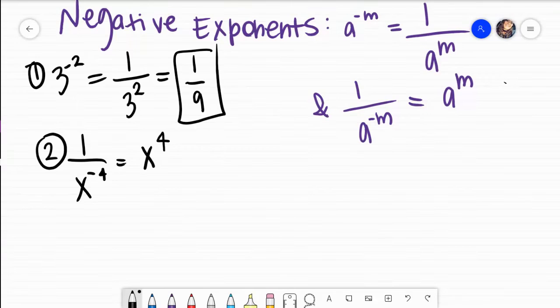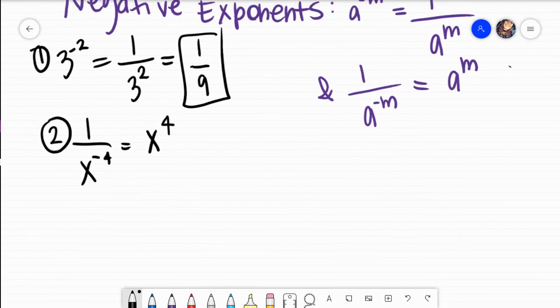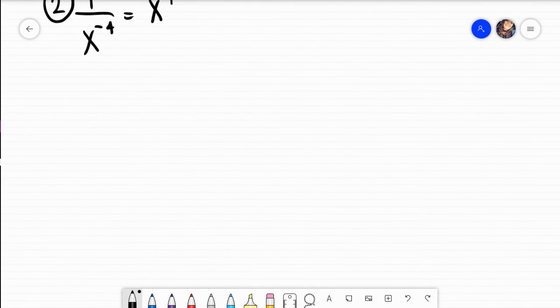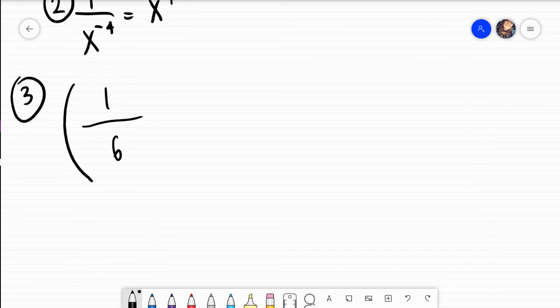Okay, so there is something else I want to show you. I always technically looked at it as kind of a shortcut in a way. I'm going to come up some, y'all. We'll call this 3. Say inside of parentheses, that's a big parenthesis because it's going to be in fraction form, I have 1 over 6, and it's being raised to the negative 2 power.